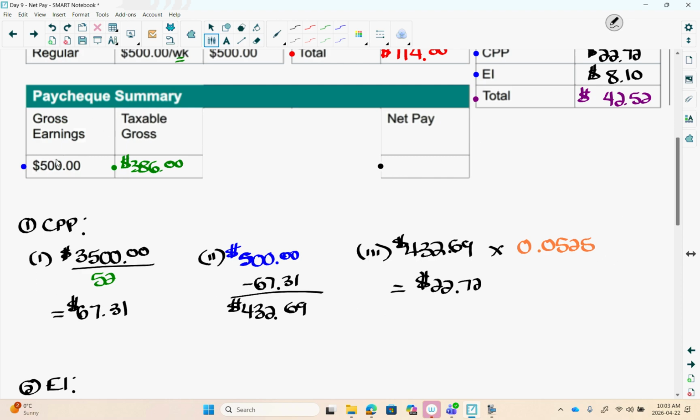You could start with your gross earnings and subtract your before tax deductions, and then subtract your total taxes, $42.52. That would give you your net pay. Another way some people do it, they start with the taxable gross and they just subtract the total taxes. Okay, that kind of eliminates that first step. 500 minus 114 leaves you at 386.